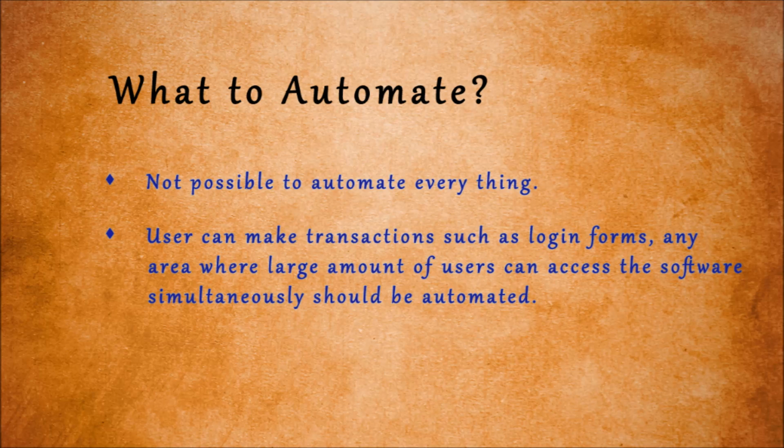Next question is, what to automate, when to automate, how to automate. First one is what to automate. It is not possible to automate everything in the software. However, the areas where users can make transactions, such as a login form or registration forms, or any area where a large number of users can access the software simultaneously, should be automated.